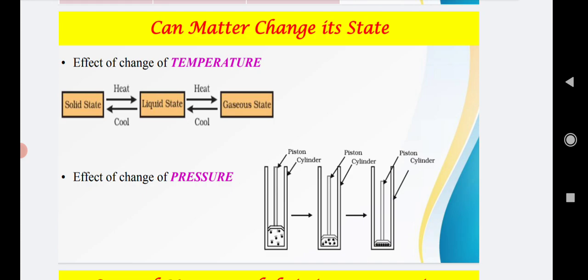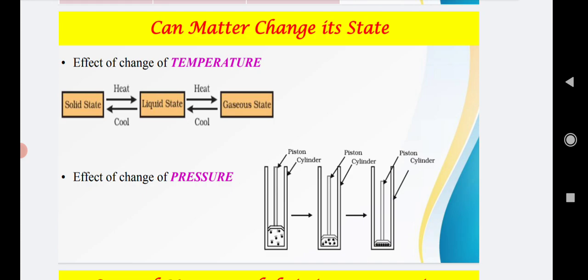That is an example of the effect of pressure. The gas cylinder that we use at home contains liquid gas, because it is compressed under high pressure so that the gas gets converted into liquid.